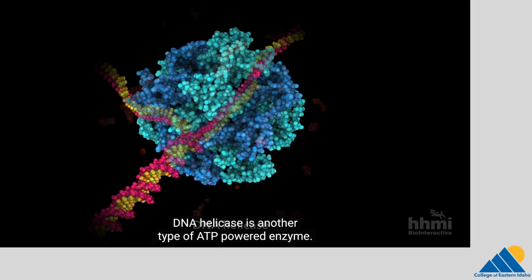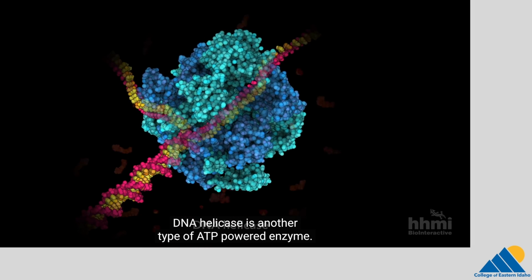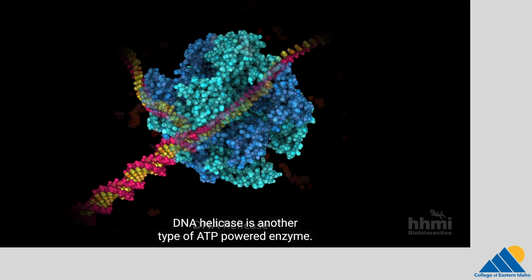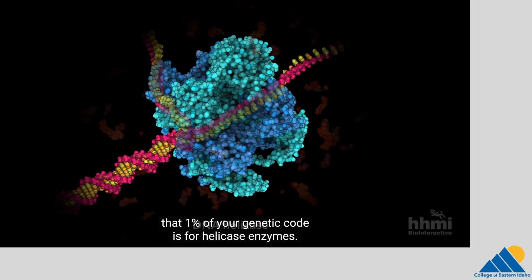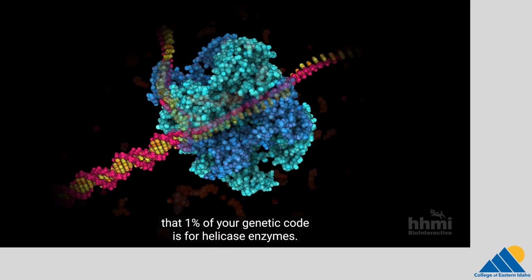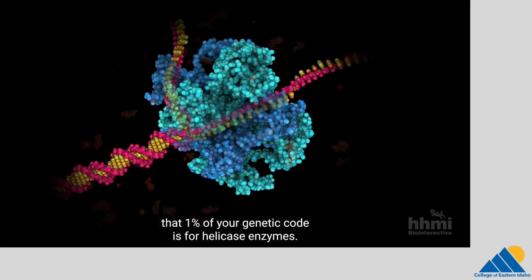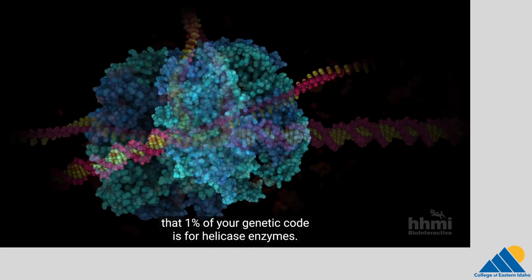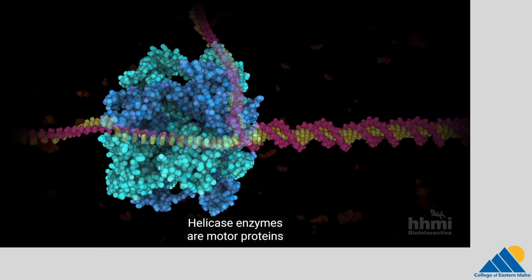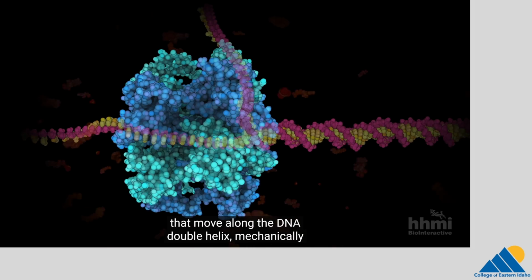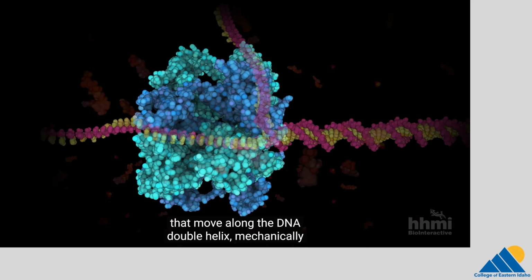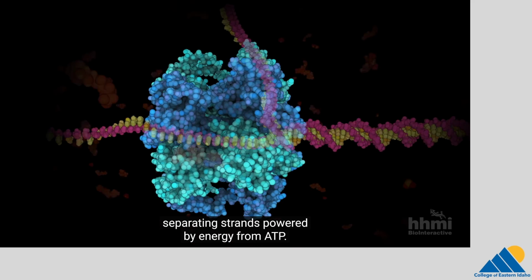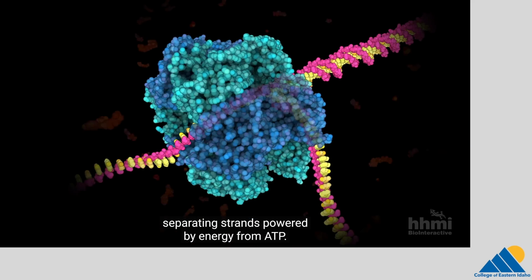DNA helicase is another type of ATP-powered enzyme. This mechanism is so critical for life that 1% of your genetic code is for helicase enzymes. Helicase enzymes are motor proteins that move along the DNA double helix, mechanically separating strands powered by energy from ATP.